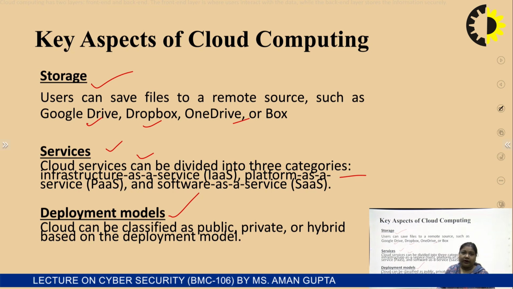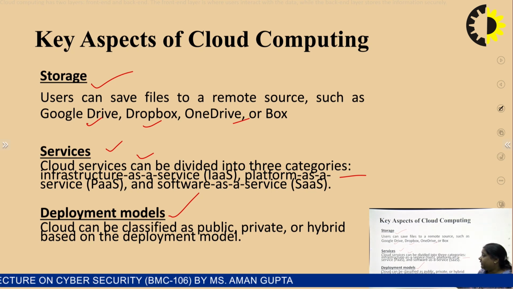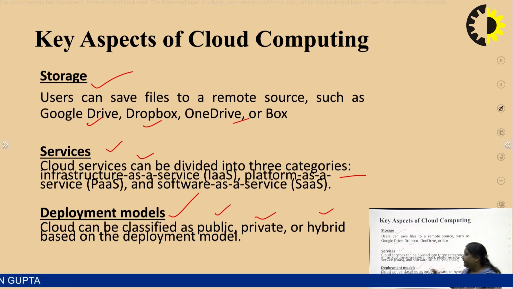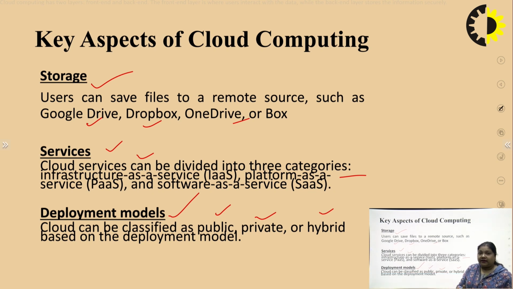Now we have deployment models. These cloud computing servers provide different types of models, divided into public, private, or hybrid. They have different functionalities according to their deployment. A separate server provided for deploying our services is called private.